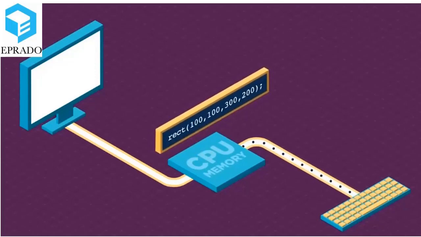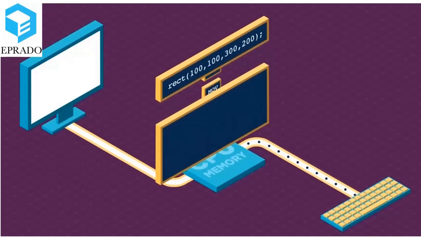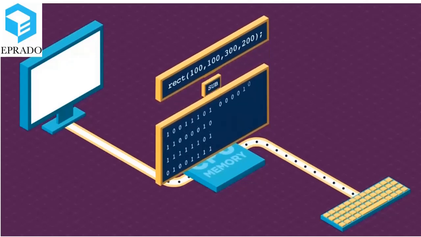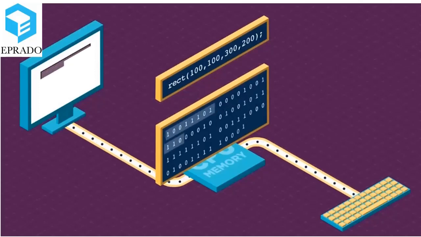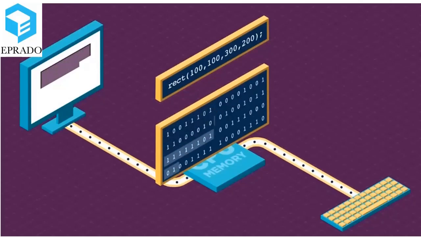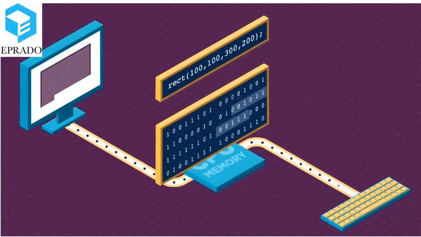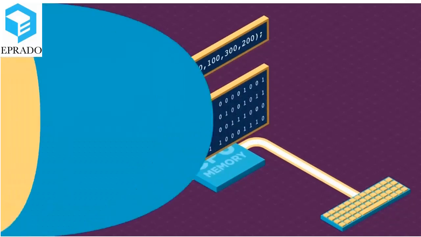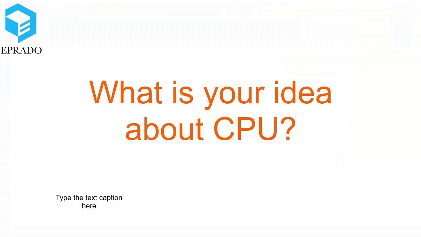The CPU receives commands from the user so that these commands are obtained in binary form by the programming language. So this binary language is understood by the CPU and the CPU processes these binary numbers and provides the output on the screen.